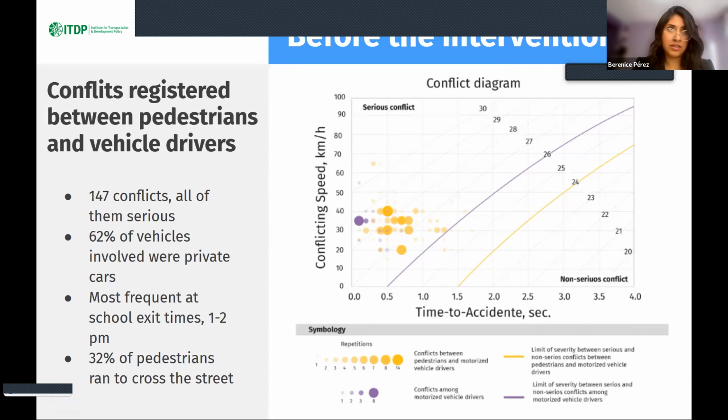Also, 62% of the vehicles involved were private cars, and the most frequent conflicts were identified at school exit times, from 1 to 2 p.m. more or less. And we also identified that 32% of pedestrians run to cross the street.